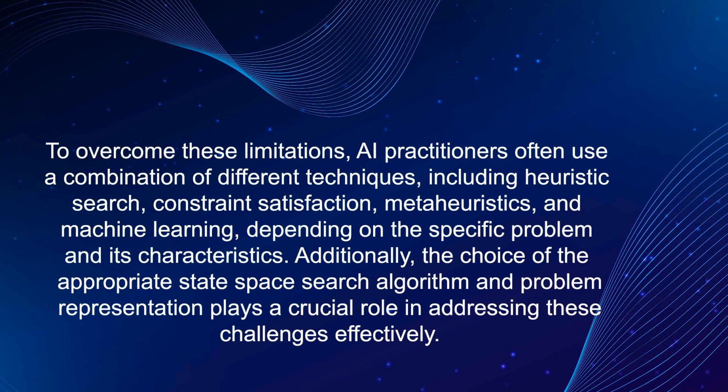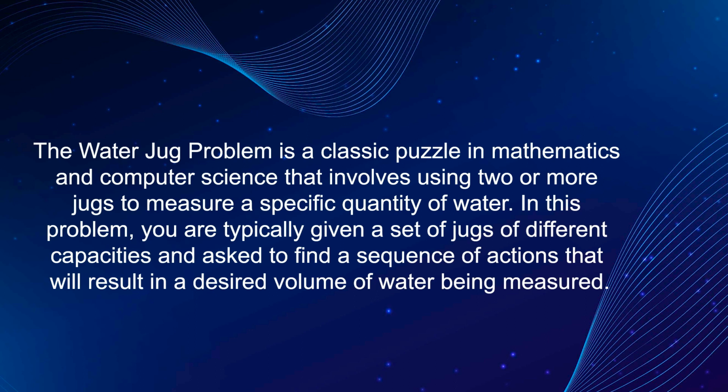challenges effectively. The water jug problem is a classical puzzle in mathematics and computer science that involves using two or more jugs to measure a specific quantity of water. In this problem, you are typically given a set of jugs of different capacity and asked to find a sequence of actions that will result in a desired volume of water being measured.